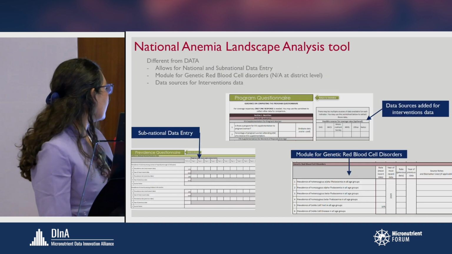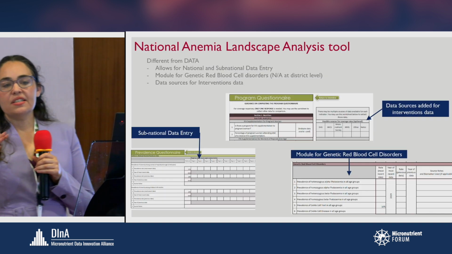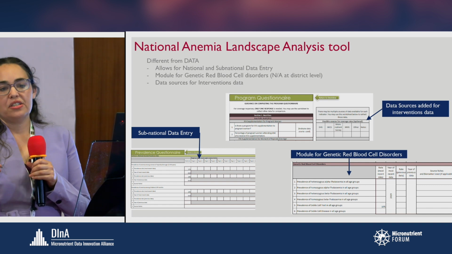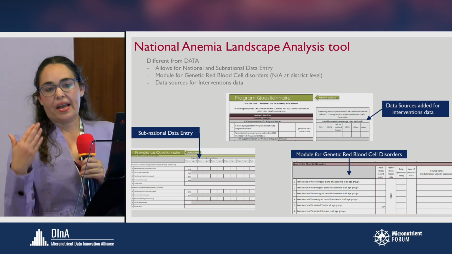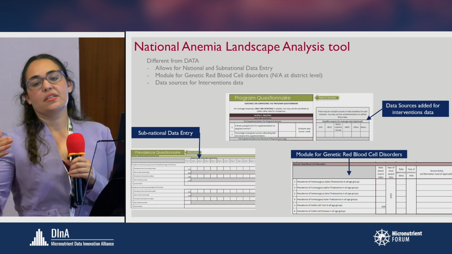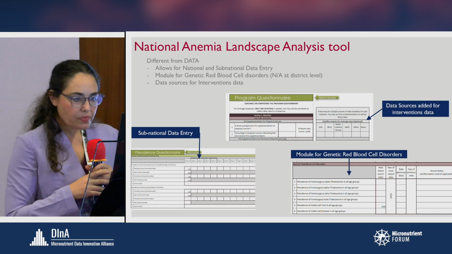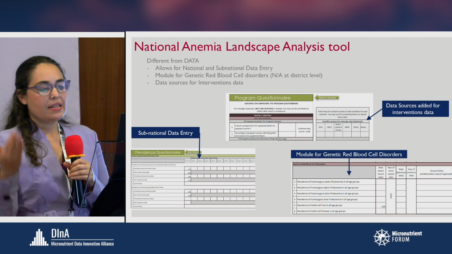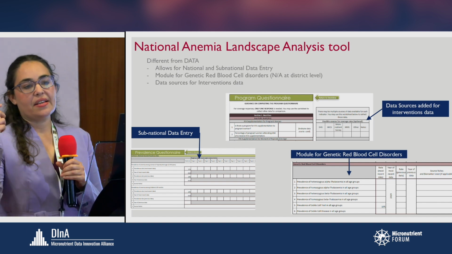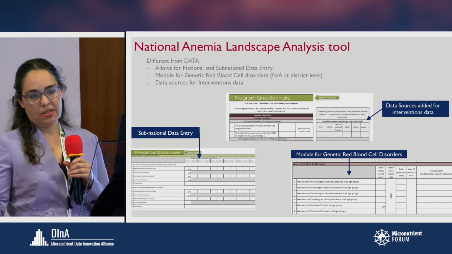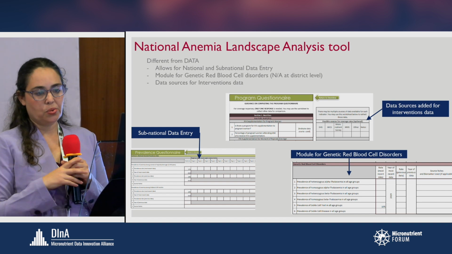Okay, next slide. So in addition to the district assessment tool for anemia, there's also a national tool that can be used by countries. We're not using that one today because it doesn't include the barriers section. Some of the key differences between these 2 tools is the landscape tool actually has directly in it a place where you enter the data source, and that is not the case in the district tool.